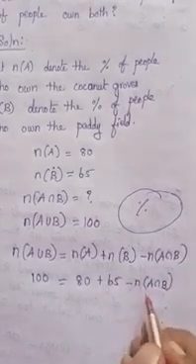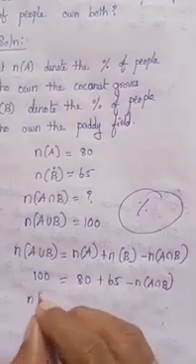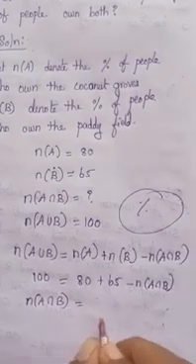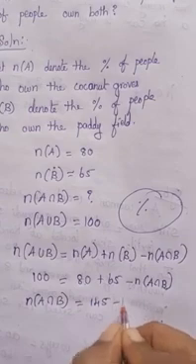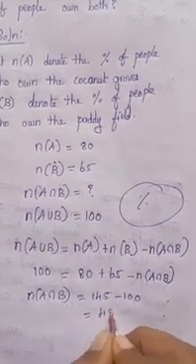This we need, isn't it? Shall we take it to the left hand side? This negative, when it comes here, will become positive. So 80 plus 65, 145, minus 100. So our answer is 45.